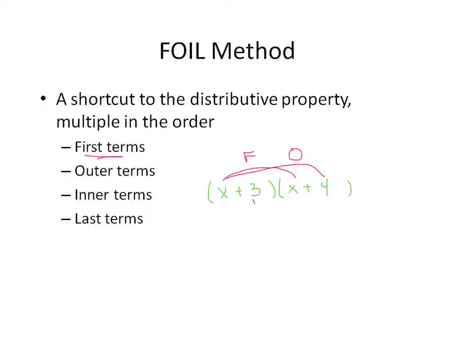Then we did 3 times x, called inner because those are the inside terms. And then we did 3 times 4, called last because those are the last terms in each binomial. It's the same method we were just using on the last two examples. It just now has an acronym with it, and we're going to call this the FOIL method.